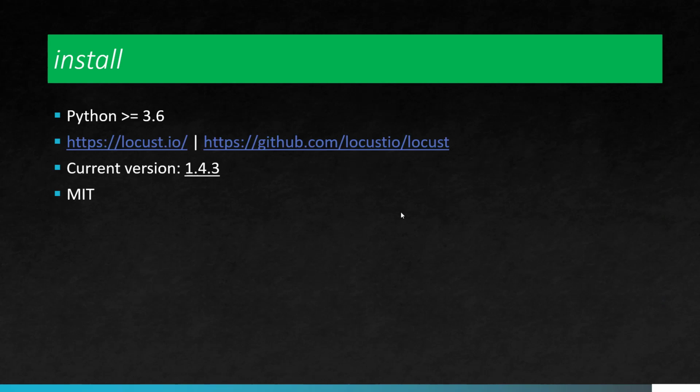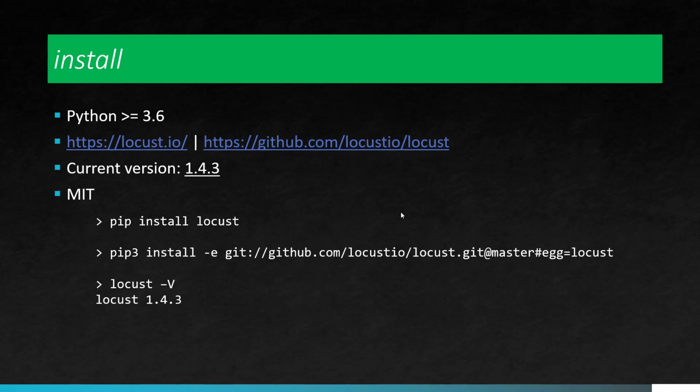You can install Locust in macOS, Windows or Linux operating system. Wherever Python runs, you can run Locust. The only prerequisite is you need to have Python 3.6 and above, and it is good to have the pip package installed so that you can install Locust using the pip install locust command.